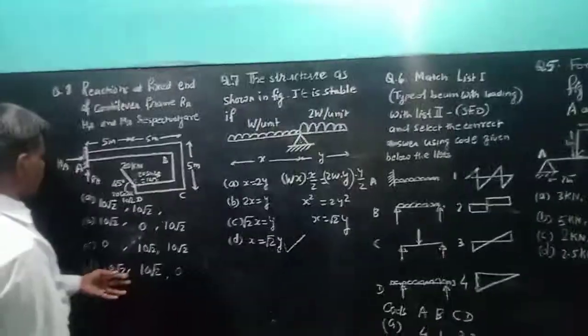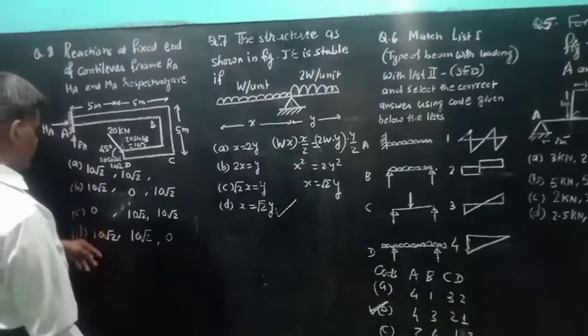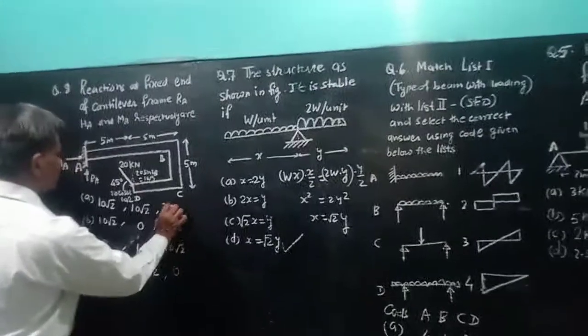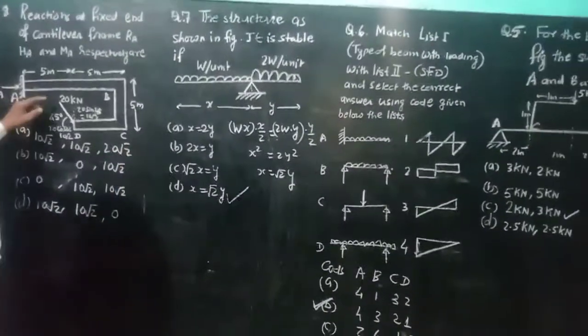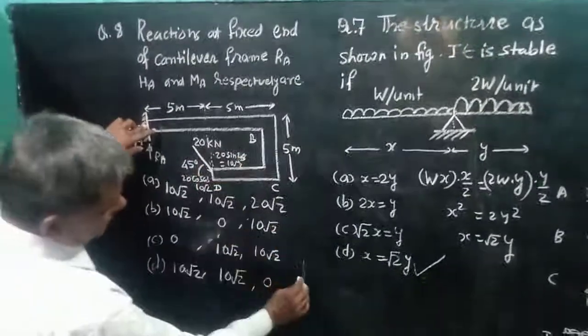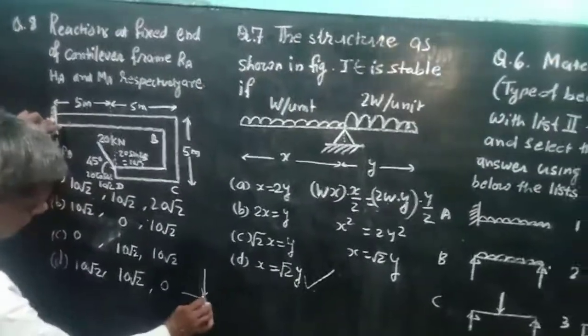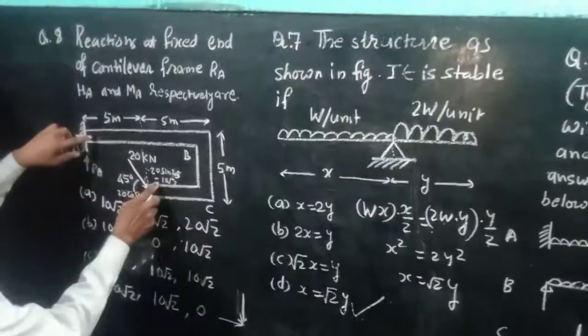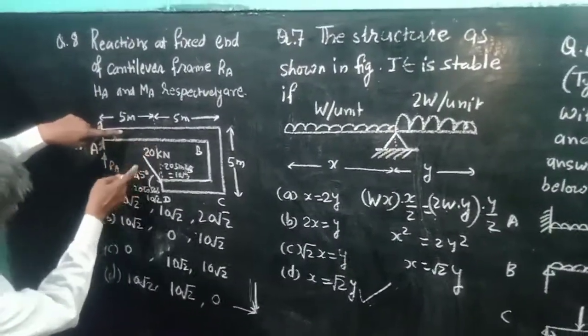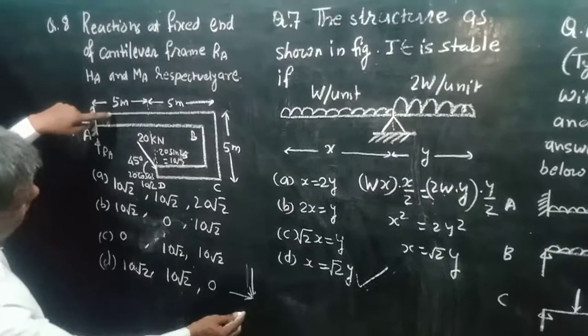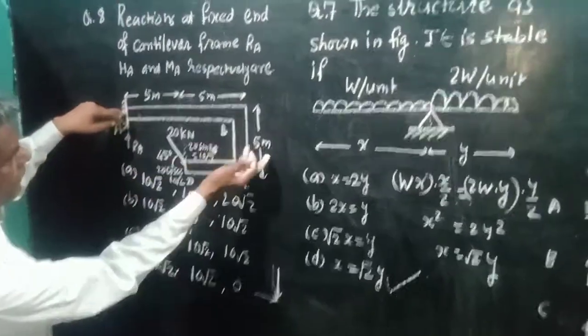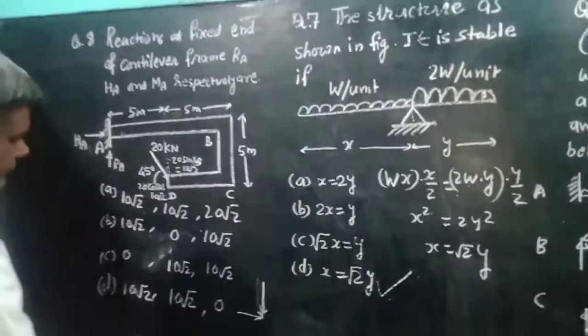So this is 10 root 2, 10 root 2, this is the first answer, and the moment is equal to 0. Moment about this point is equal to 0 because of this. This is the position of the load like this. This is 10 root 2 and this is 5, and this moves this side, so this is minus 10 root 2 into this 5. Therefore the resultant moment is equal to 0.